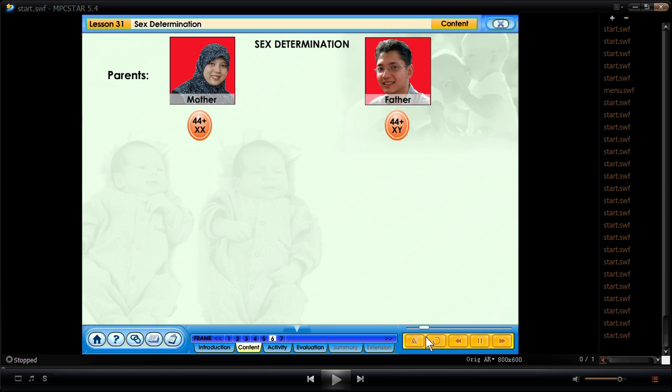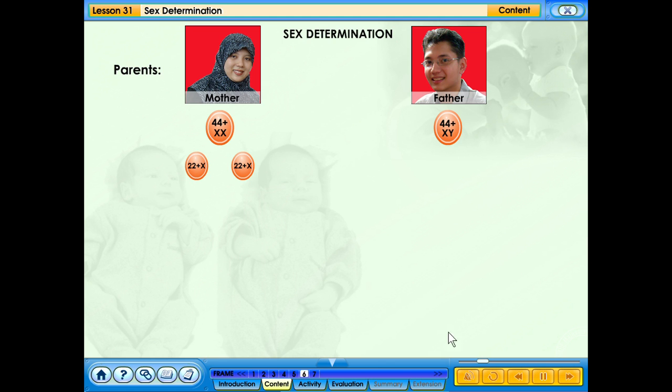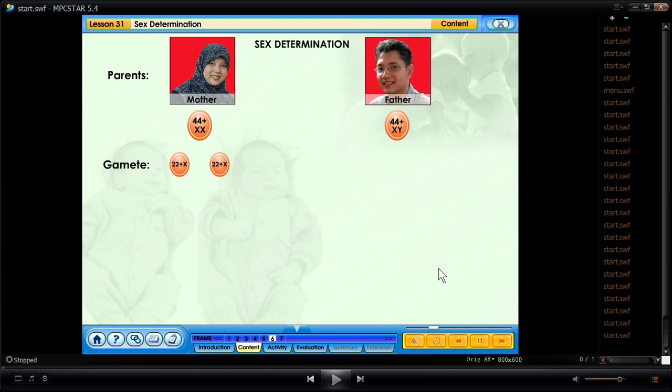During meiosis, a female can produce only one type of ovum, X. During meiosis, the male can produce two types of sperms, X or Y. The female gamete will be fertilized by either one of the sperm from the male during the process of fertilization. The sex of a baby is determined by either the X or Y chromosome carried by the male sperm.